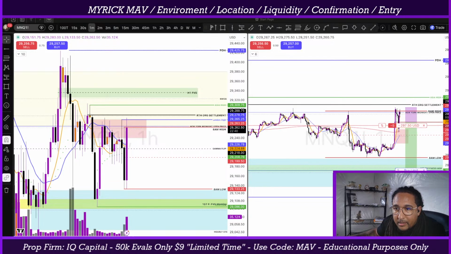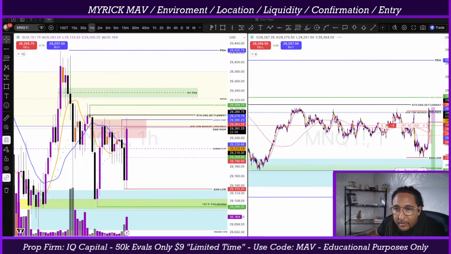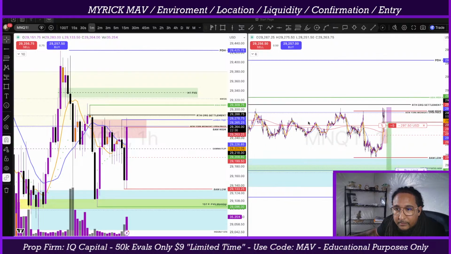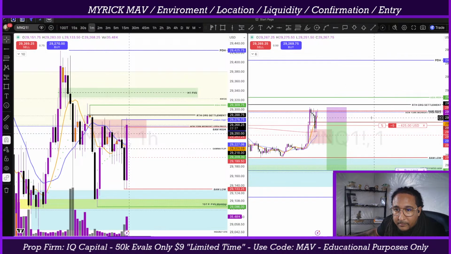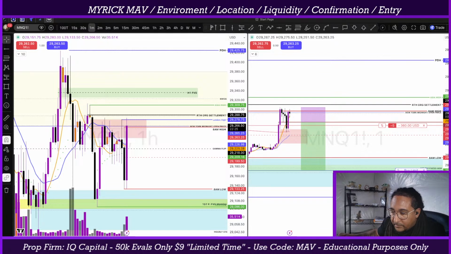We may just get out of this trade and look for a better entry. $29,289. Put a stop loss there.